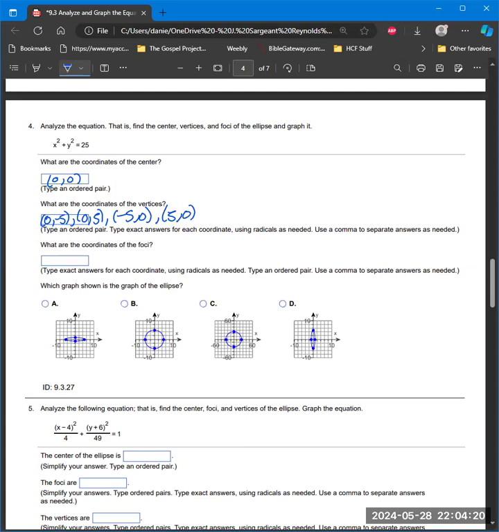Since both axes are the same length, it's the ends of both diameters there. It doesn't have separate foci from the center. The foci are on top of the center since it's a circle, and it's a circle of radius 5. So that is B.